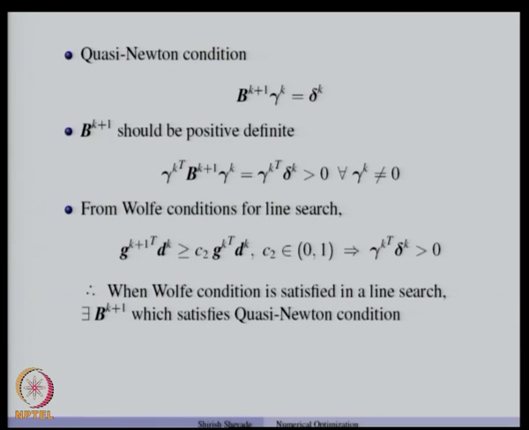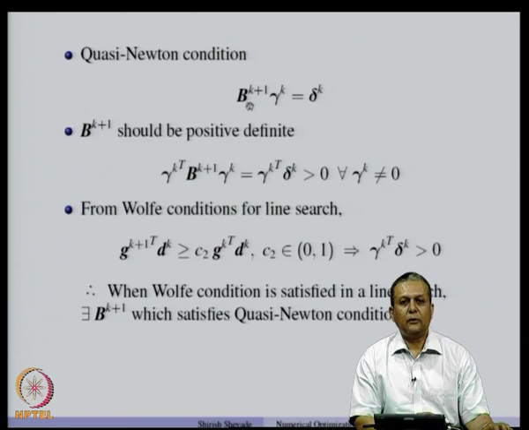Now, how to get this Bk plus 1? Now, Bk plus 1 is a symmetric matrix. So, a symmetric matrix of size n has n into n plus 1 by 2 independent variables. So, the number of variables here is n into n plus 1 by 2.